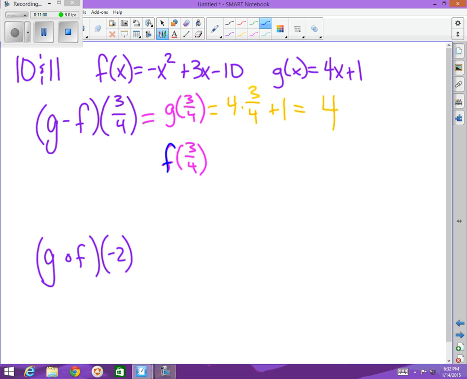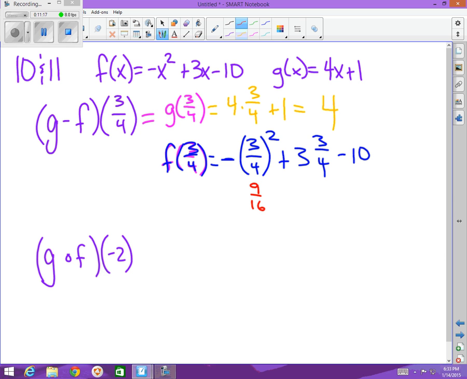And then if you do f of 3/4, you are going to get a negative of (3/4) squared plus 3 times 3/4 minus 10. (3/4) squared is 9 over 16, and that's negative. 3/4 times 3 would be plus 9/4 minus 10.